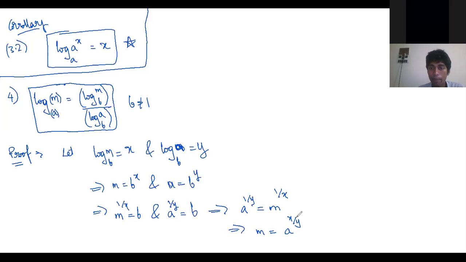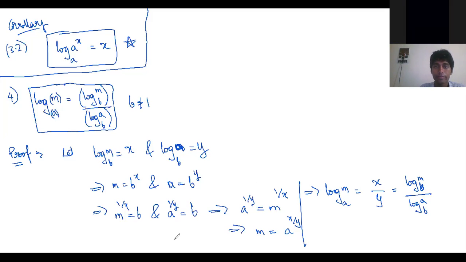Can I say m is equal to a power x by y from this step? From here we can say log m to the base a is equal to x by y. Now resubstituting the original values, you get log m base b divided by log a base b. Clear? Yes, sir.